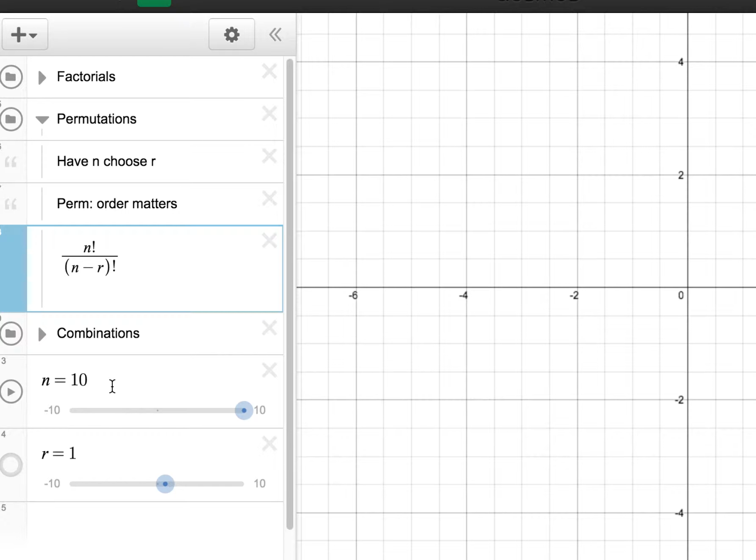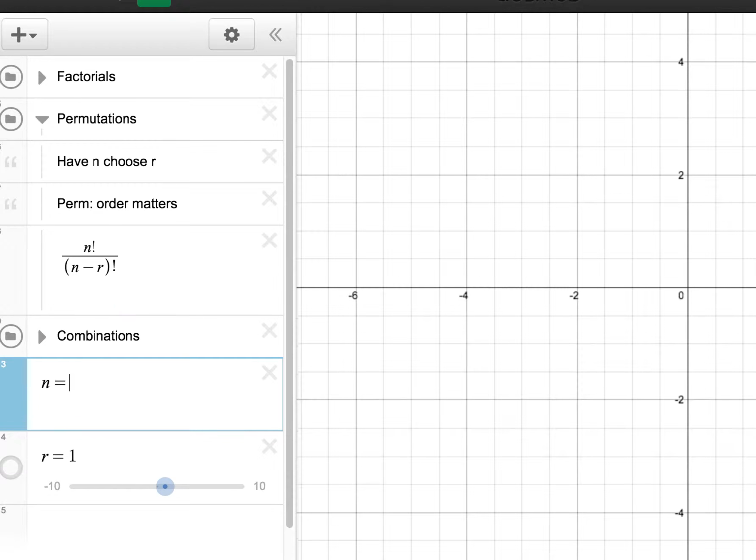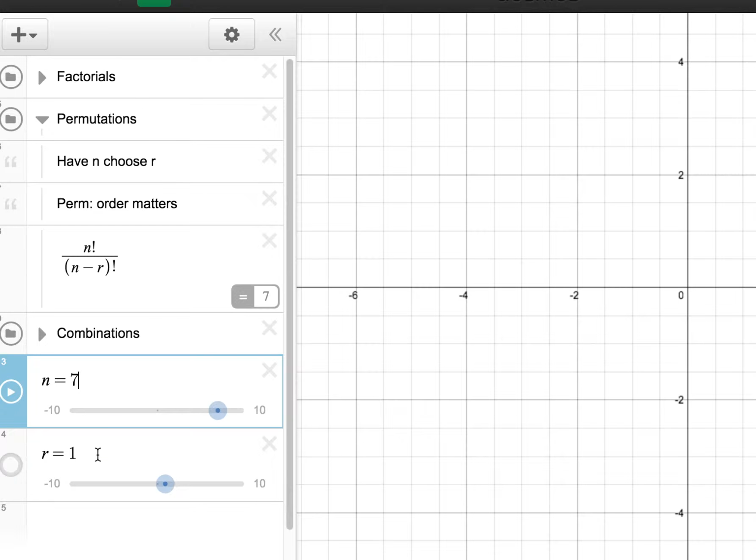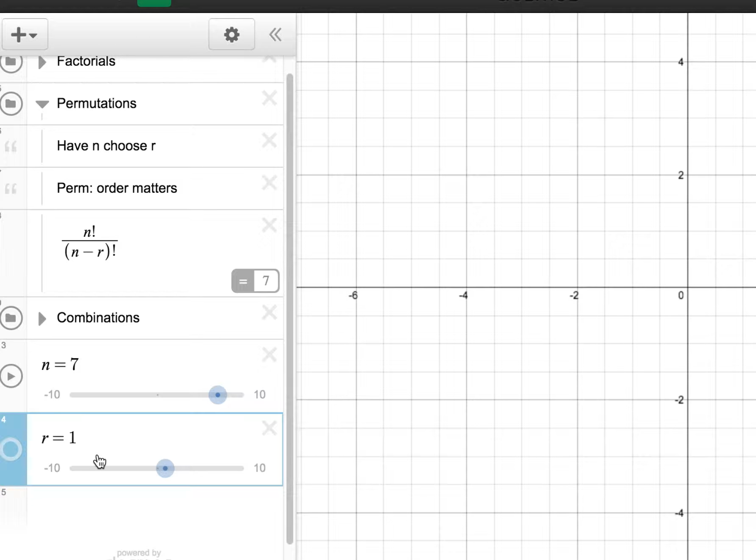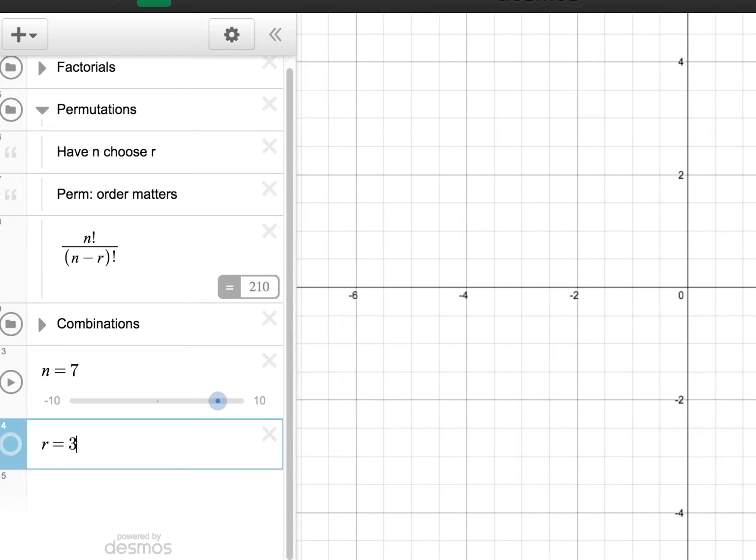So what that means is, let's say I had 7. I'm going to use my slider again. And I'm going to put them in groups of 3 where the order matters. Like, I'm going to put them in groups of 3, president, vice president, and secretary. I'm going to change both my sliders, and you're going to see that it calculates that for me. 210 possibilities if I have 7 learners, and I'm going to put them in groups of 3 where the order matters.